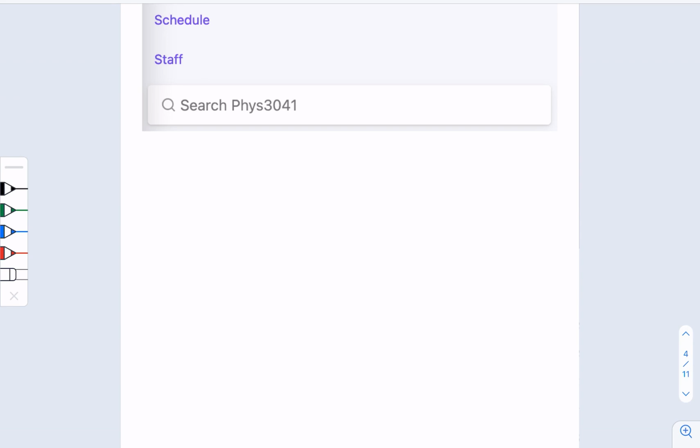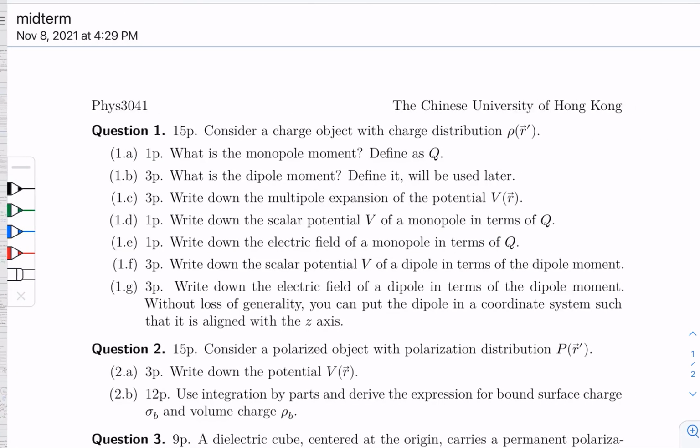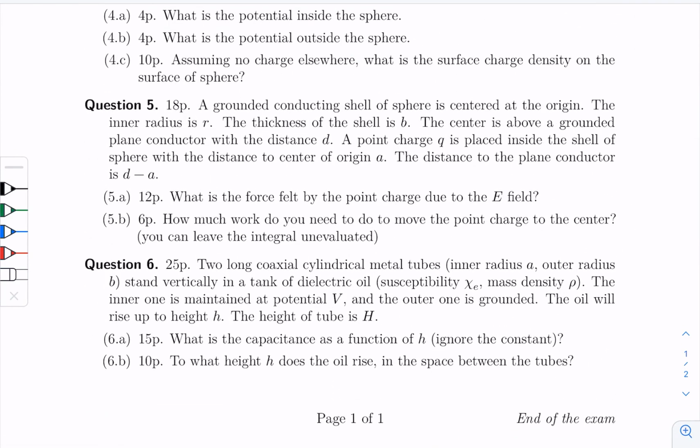You might be surprised at what kind of points you might get if you simply write down something. Say in question 6. The question 6 has two problems, right? The 6b actually asks you what's the height that the oil rises, and that can balance the force of the gravity and the electromagnetic force.